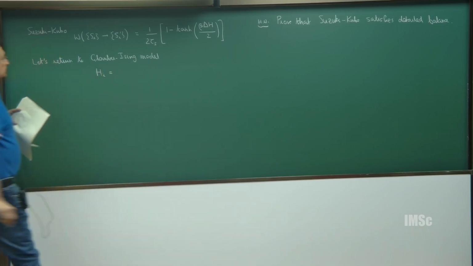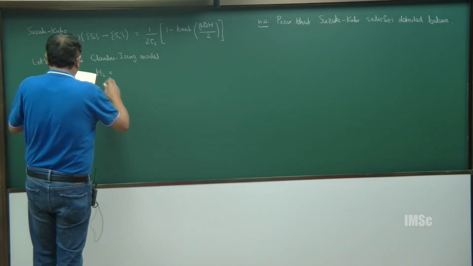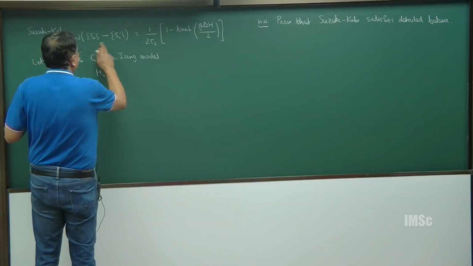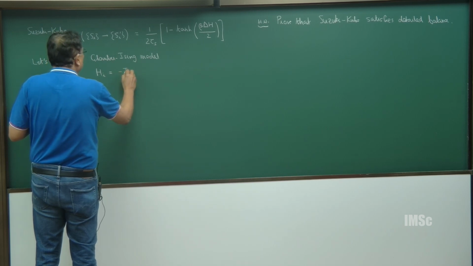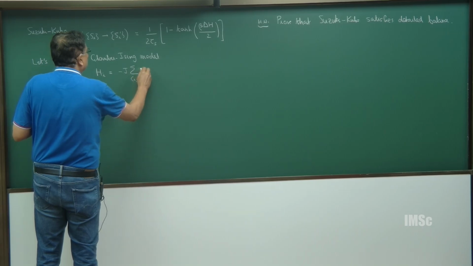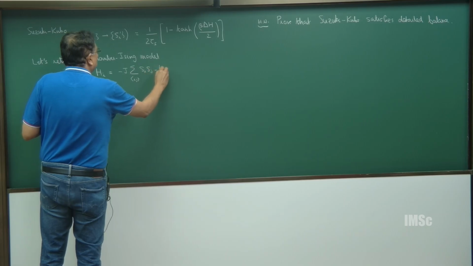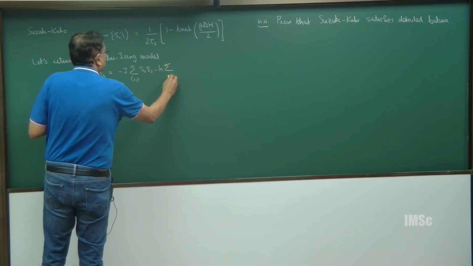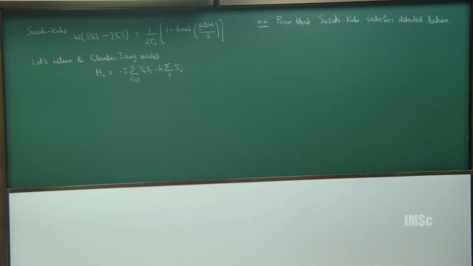So H initial is the energy associated with Si. That's minus J sum over nearest neighbor pairs Si Sj minus H sum over i Si, right?